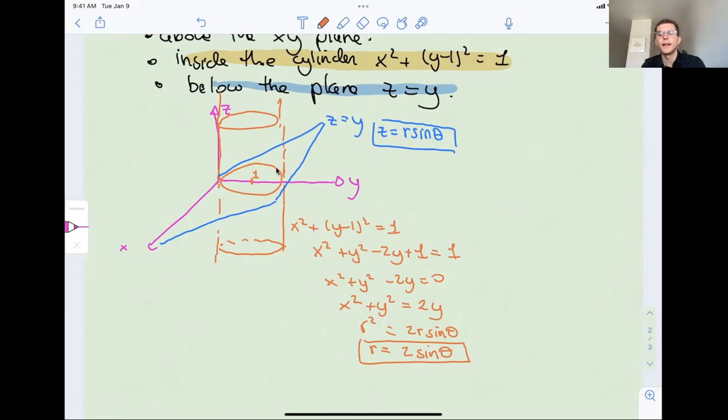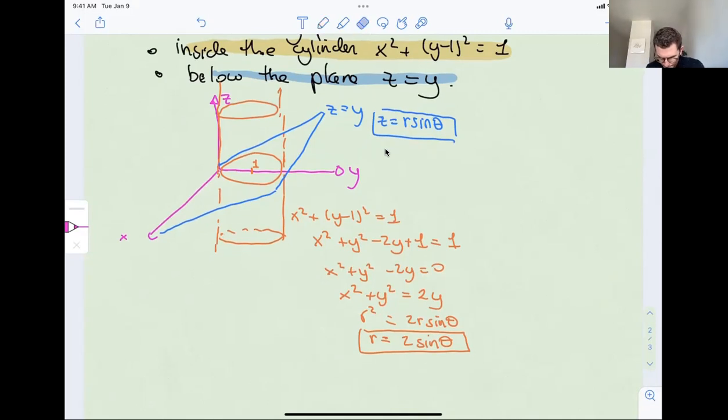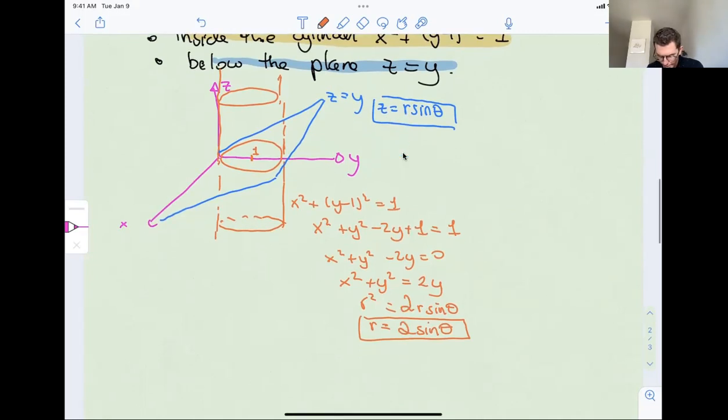Just so it's clear, z goes with r, not with the 2. If you divide by 2, you get r over 2 equals sine theta, but that's not really z, even if you compare with this equation.